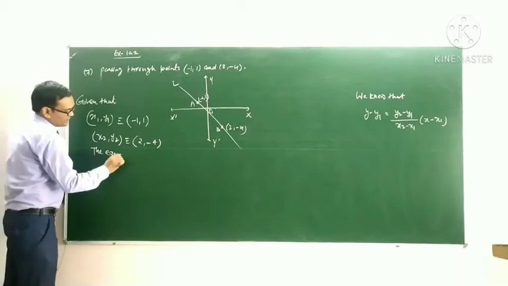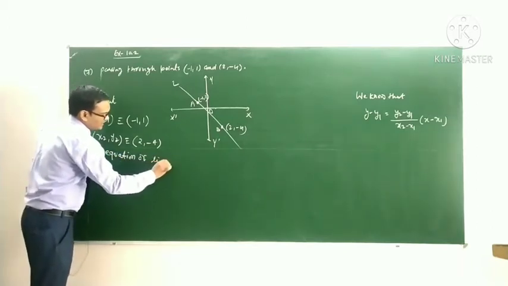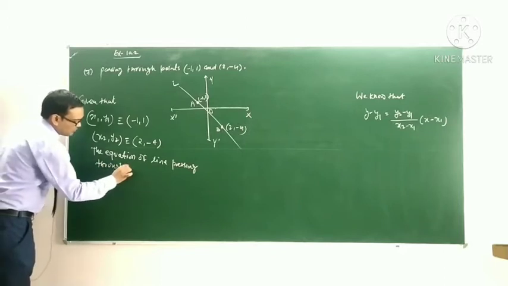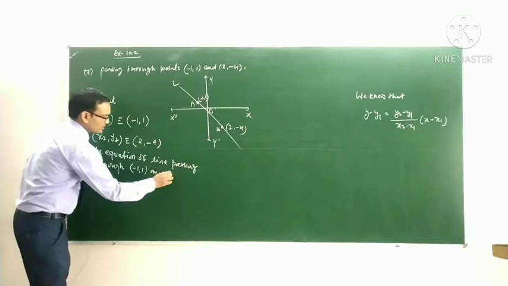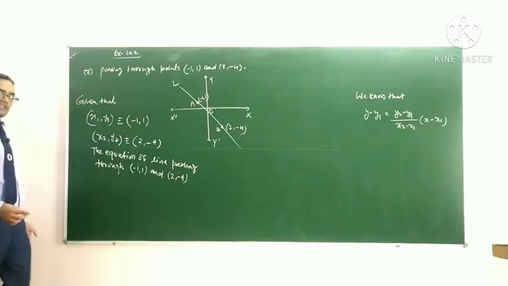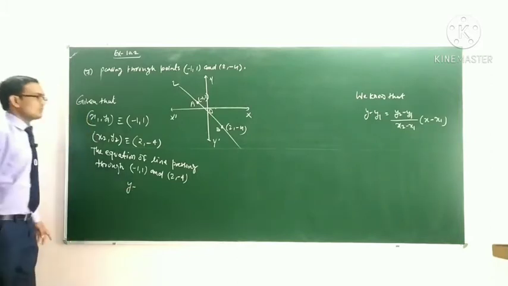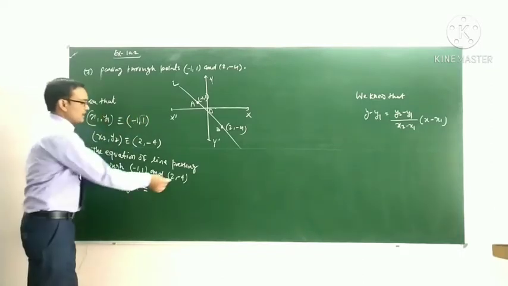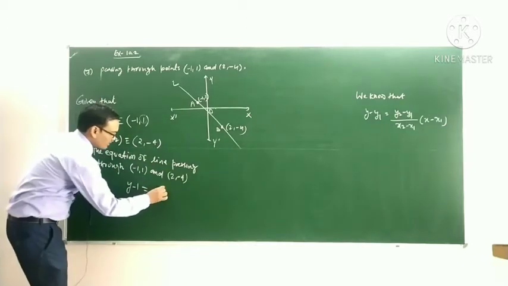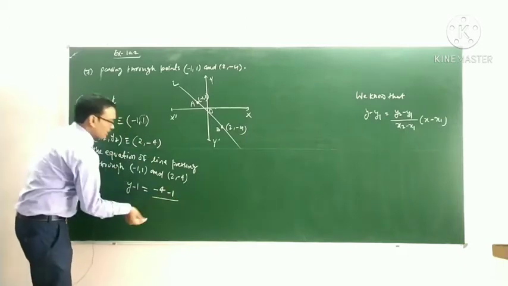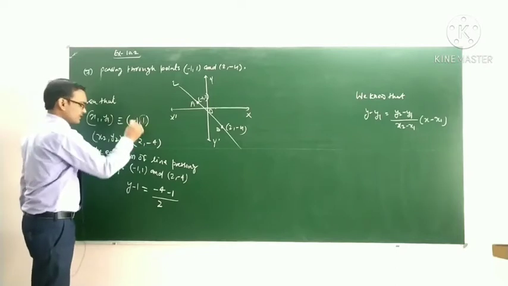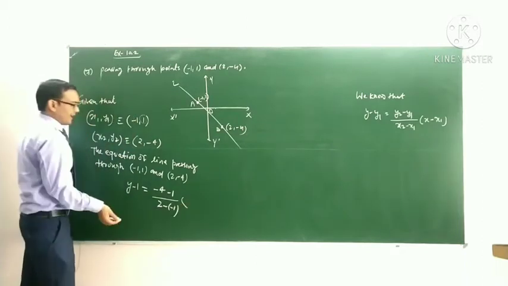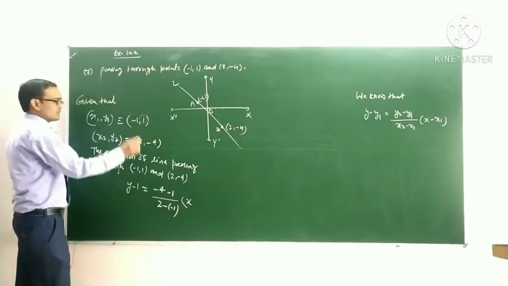The equation of the line passing through (-1, 1) and (2, -4): y minus y1, here y1 is 1, equals (y2 minus y1) upon (x2 minus x1), where y2 is -4 and x1 is -1, into (x minus x1), with x1 being -1.